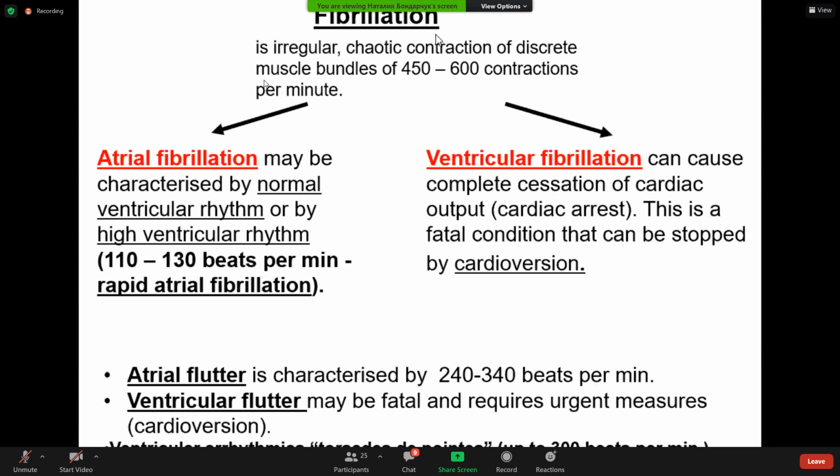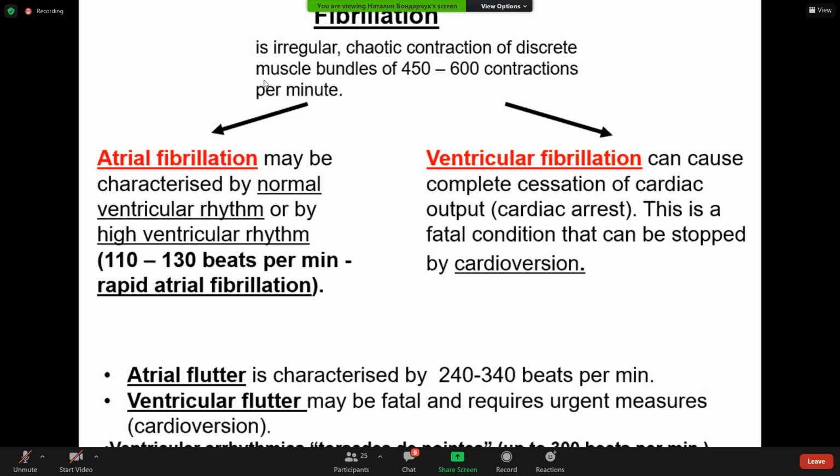Fibrillation, the definition. First, it is the irregular chaotic contraction of discrete muscle bundles of 450 up to 600 contractions per minute. You see, very fast contractions of the heart. In turn, we will divide fibrillation according to site of origin or localization.